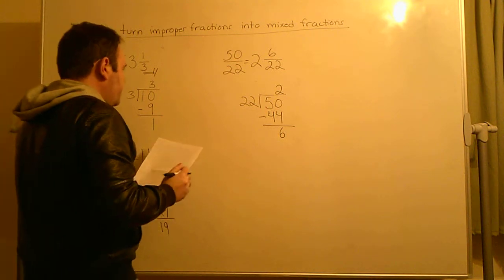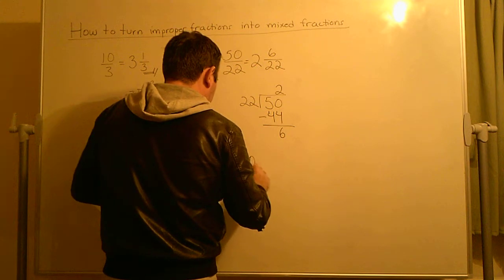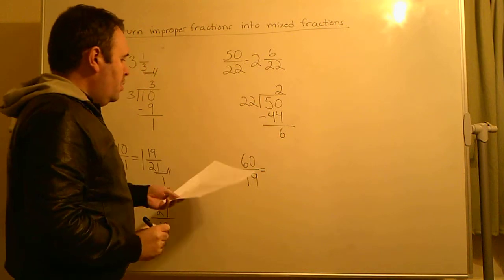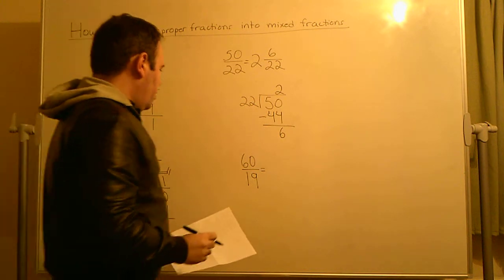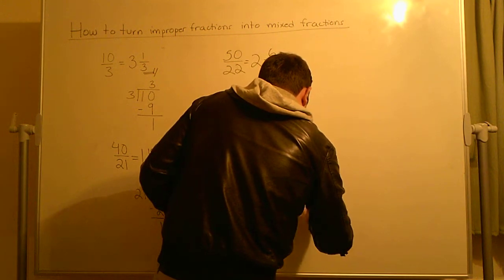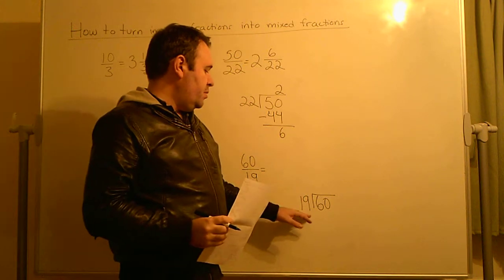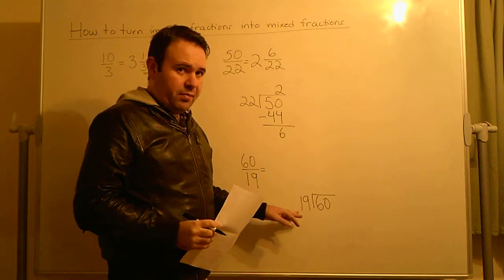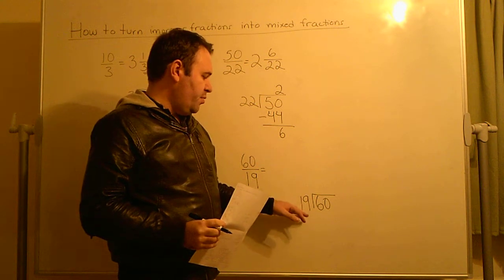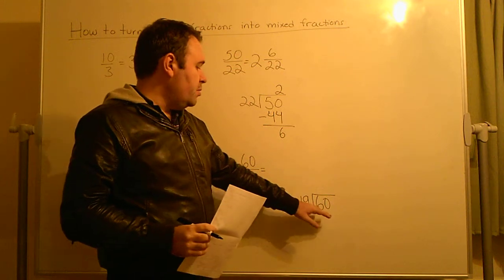Another example. 60/19. Once again, we're going to do another division. Yeah, so 60 divided by 19. 19 times 3 is 57, and 19 times 4 would be 76. So this 19 goes into 60 3 times.